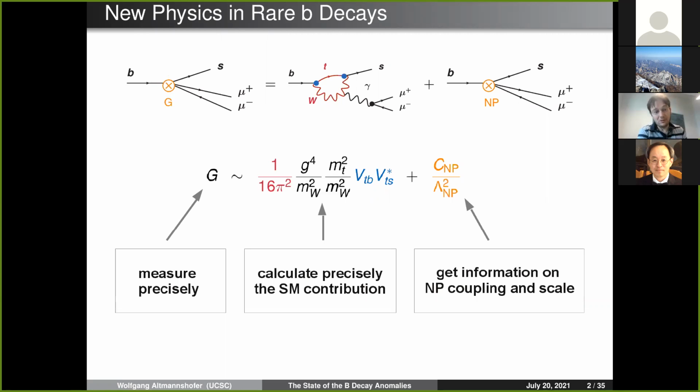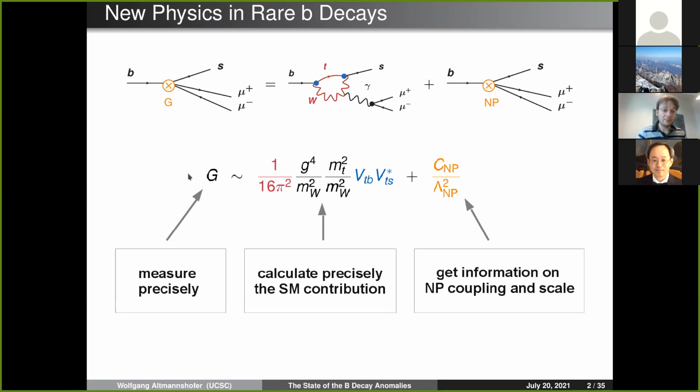What one can then try to do at a very basic level is to determine experimentally what, for example, the rate of such a process is, or what the other properties of this process are. In the end, one tries to measure what this 4-fermion contact interaction is, what the value of that coupling is, and then one can also predict that effective interaction in the standard model, and try to do that as precisely as possible. And then one can compare those two things.